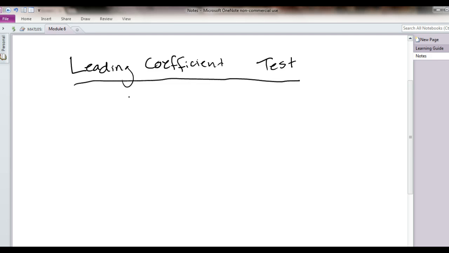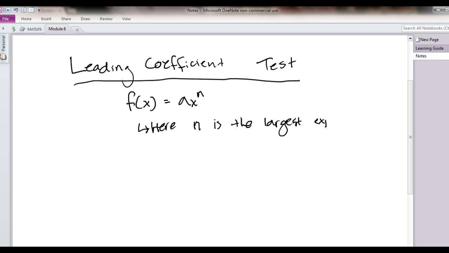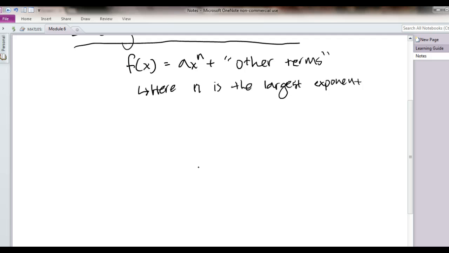So if you have some polynomial, basically it's going to have one number that is the biggest power, so here n is the largest exponent. And all the other stuff is just other terms. Because what the leading coefficient test is telling us is, as we get really big, what's going to happen with our arrows. So there's four things that can happen.